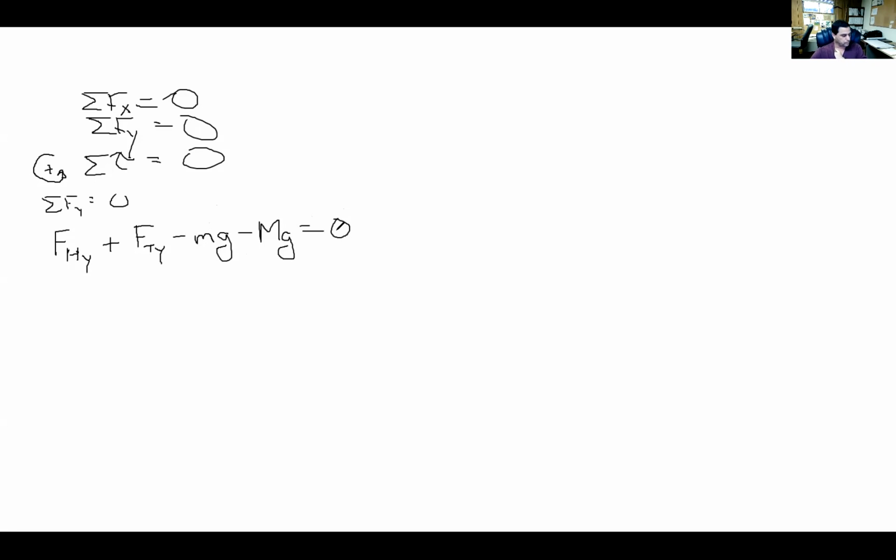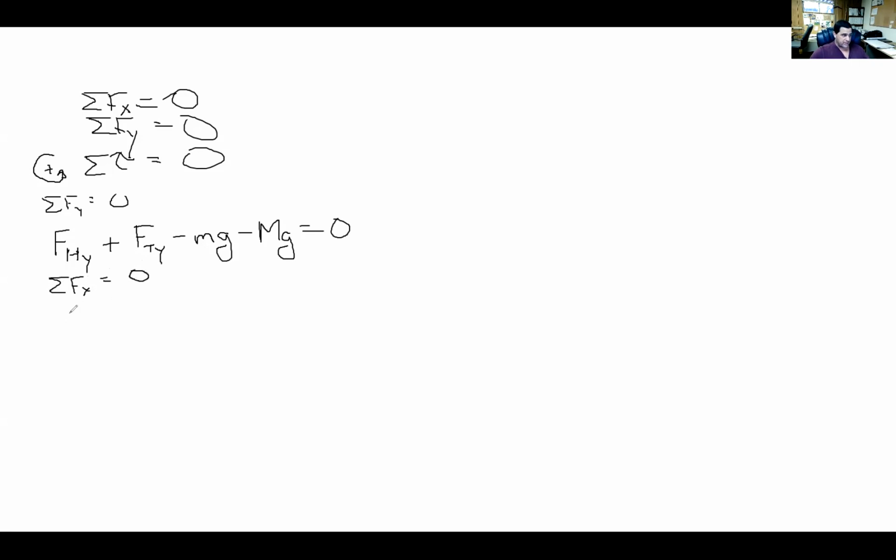Now, if we look at this, too many unknowns, right? We have the mass of the sign, the mass of the beam, we know gravity, but we don't know the reaction force in the y for the hinge or the reaction force for the cable. Well, that's okay. Let's take a look at sum of forces in the x is equal to 0.